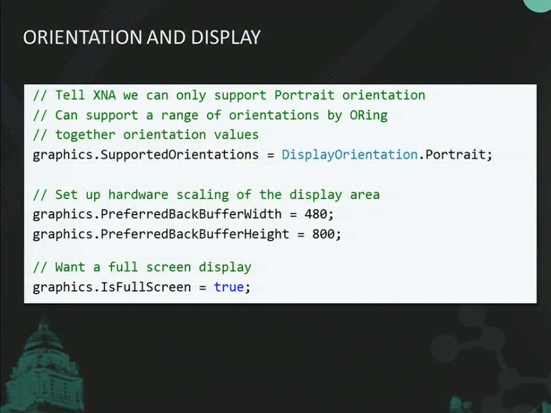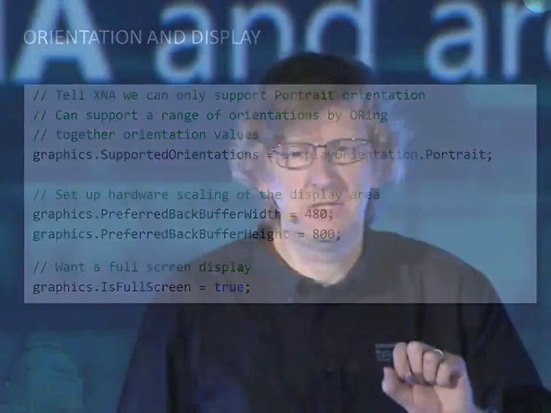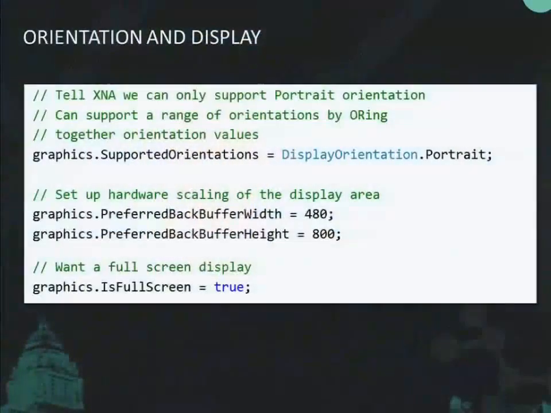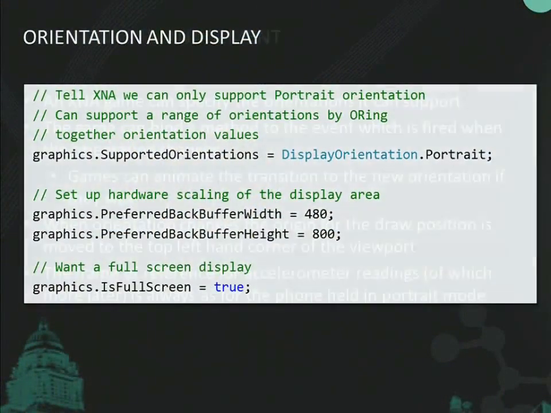Because by default, an XNA game reserves a row at the top for system messages. So your screen will contain a row which has got information about battery, signal intensity, and some other bits and pieces, which actually steals some space from your game. And so what you can do is you can say, okay, please make the game full screen to actually get rid of all that. And so these 3 lines I tend to put in programs.